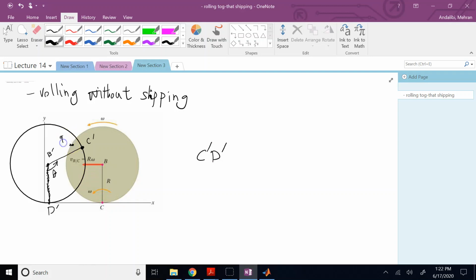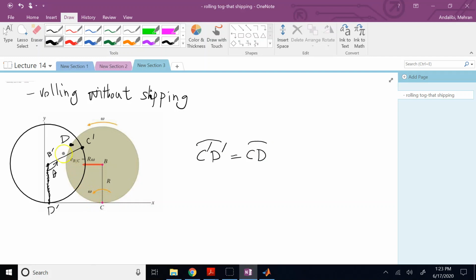So it was here in the first configuration, and now in the black, which is the second configuration, the point D, which was up here, now came into contact and C went up. So you clearly see this CD is now this C prime, D prime. What is the length of C prime, D prime, or CD? What's the length of this arc? What's the meaning of this?